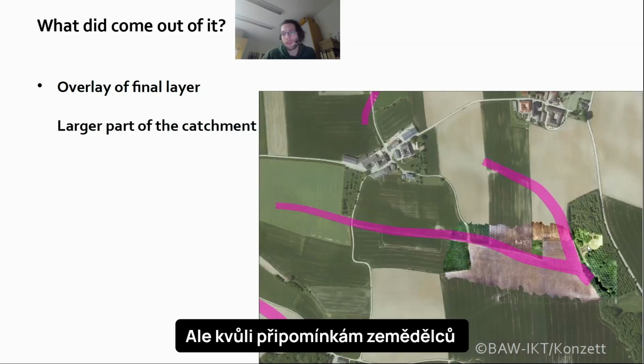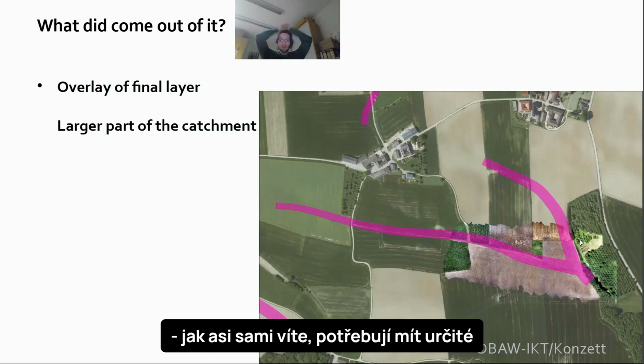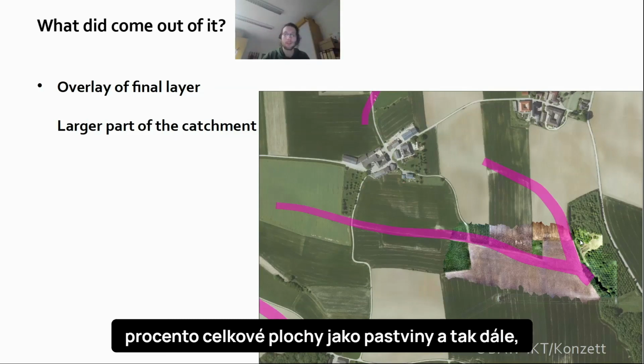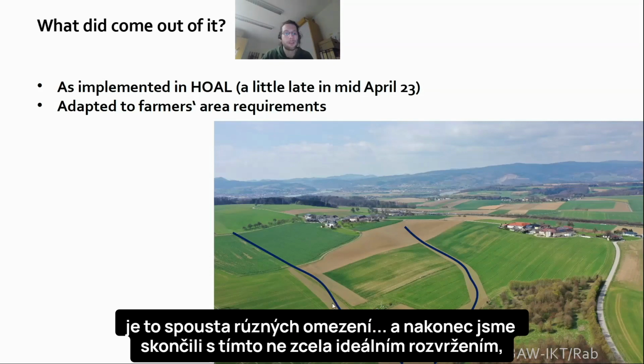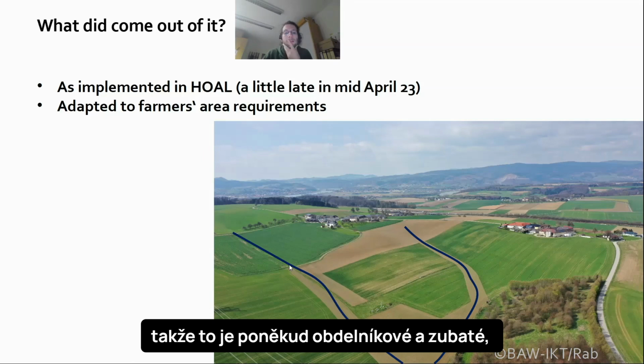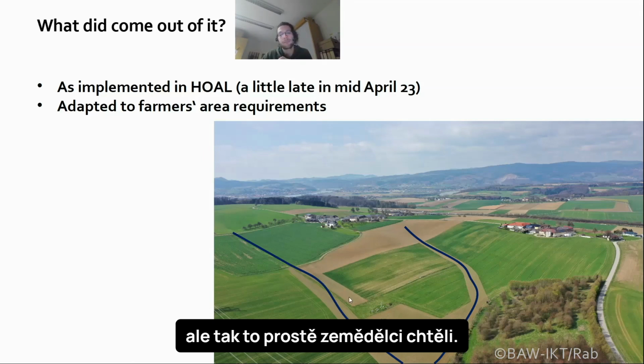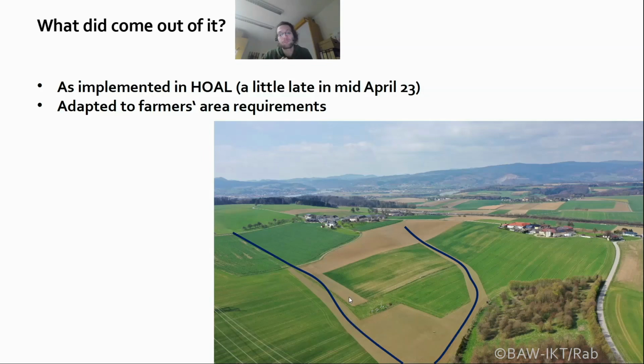But because of the considerations of the farmers, you know, they need to have a certain percentage of their total area as greenland and so on, they have a lot of regulation, and we ended up with this suboptimal layout. So it looks a bit rectangular and jagged, but that's how they wanted it.